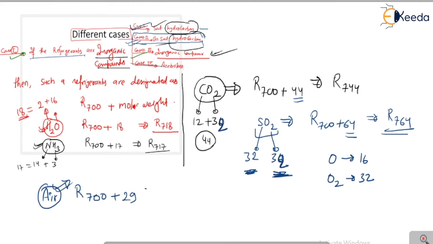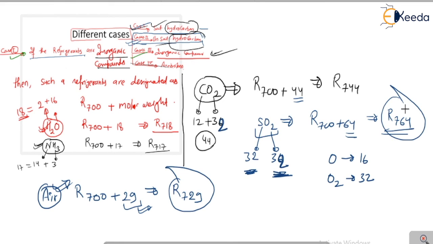This is the standard value you also study in thermodynamics. So you have to designate air with 729. My dear friends, these are the standard ways to represent carbon dioxide or sulfur dioxide or air or ammonia or water. So this is your case number third.